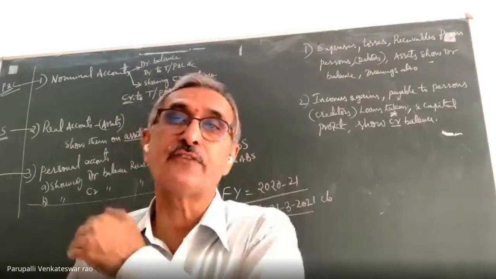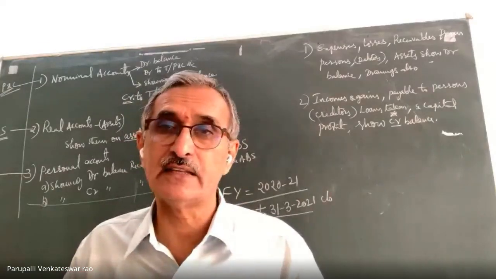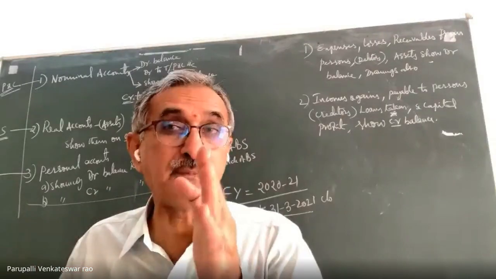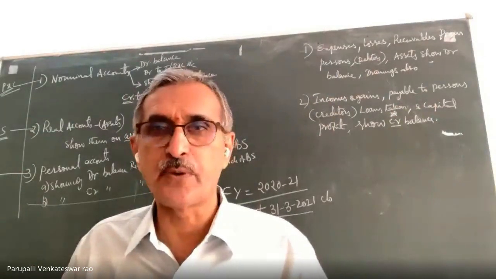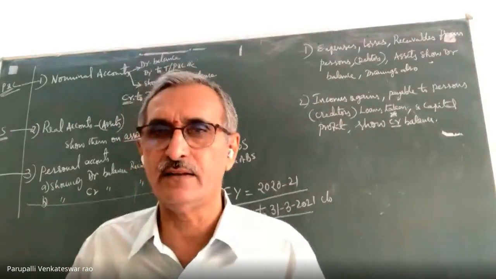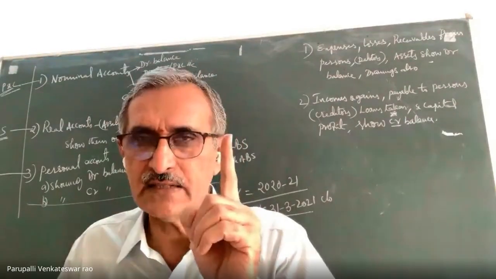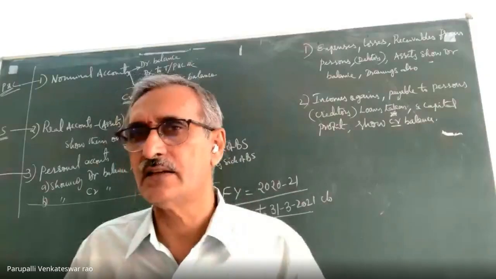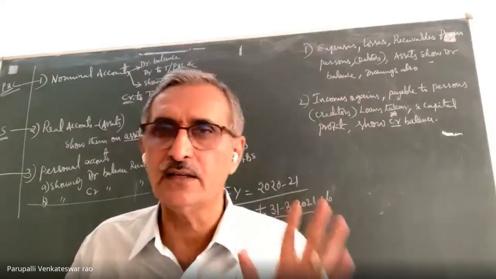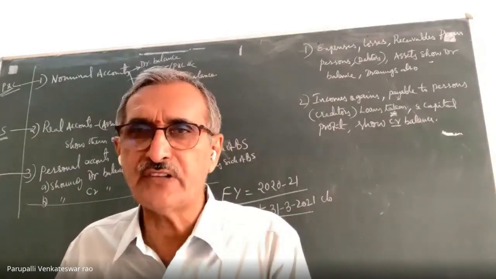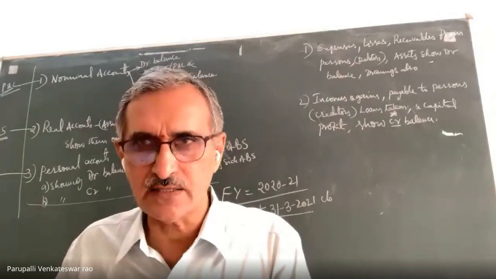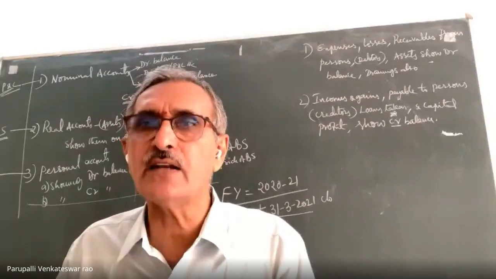Loss is deducted from capital, so loss reduces capital. Profit increases capital. So the balance of the profit and loss account will be either profit or loss, called net profit or net loss.